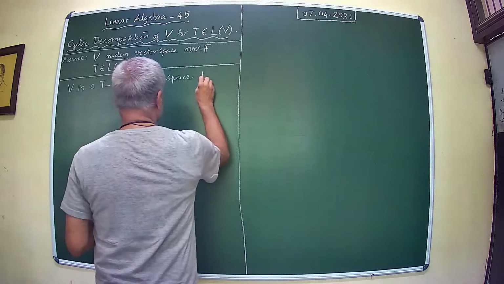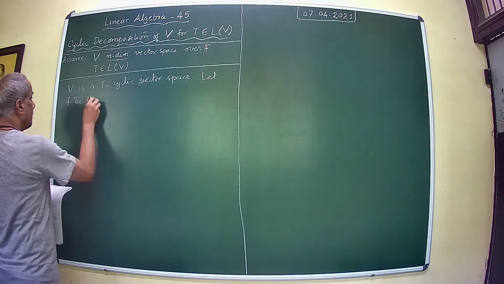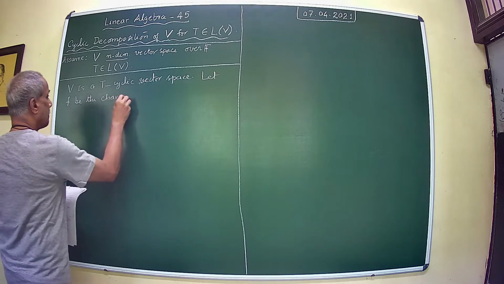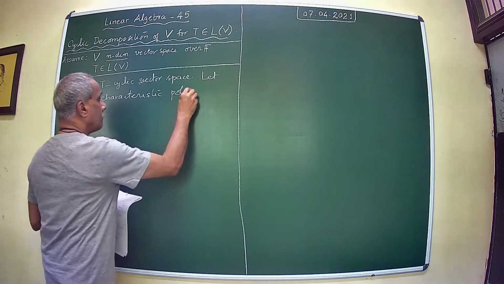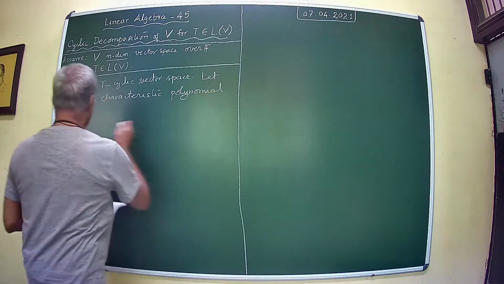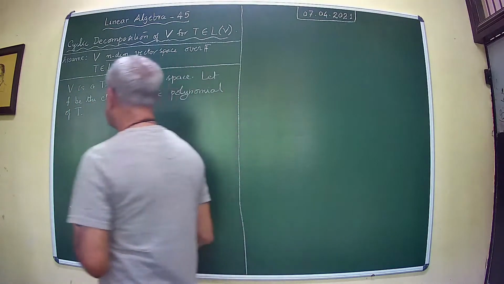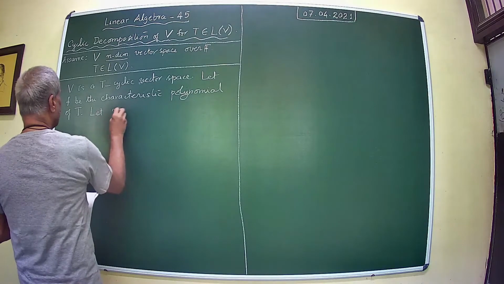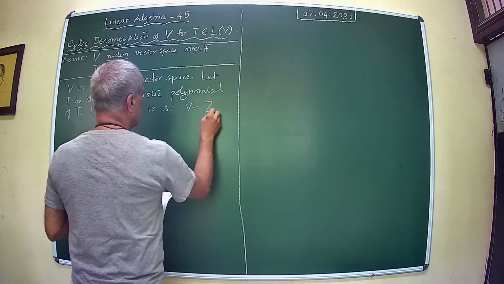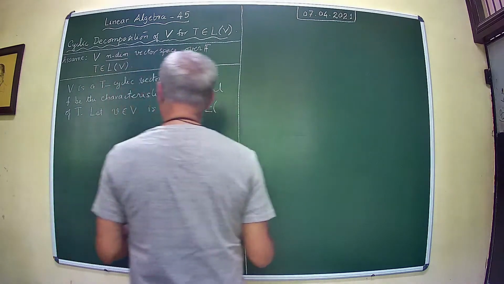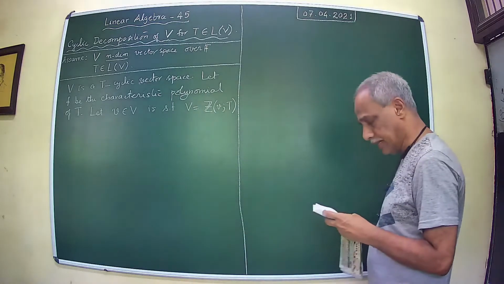Let f be the characteristic polynomial. Now let v belong to V such that V equals the cyclic space generated by v. This we have defined earlier.